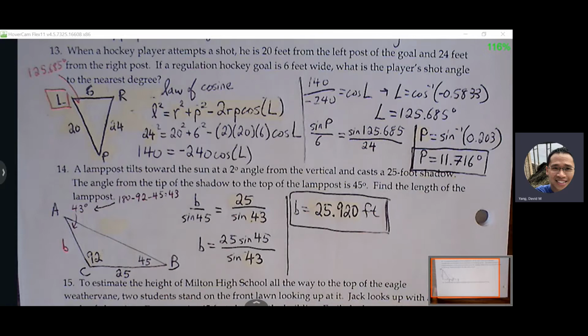Get that angle L first, and then you can move on to sine. So do inverse cosine, negative 0.563. And that gives me... Okay, good. And then inverse cosine. Yeah, that should work now. Okay, good.